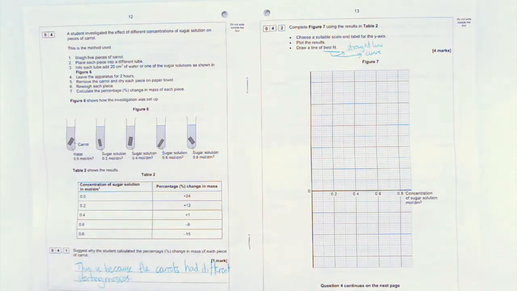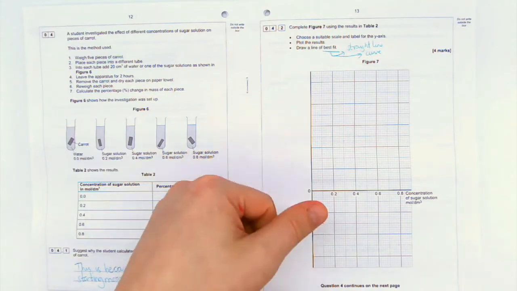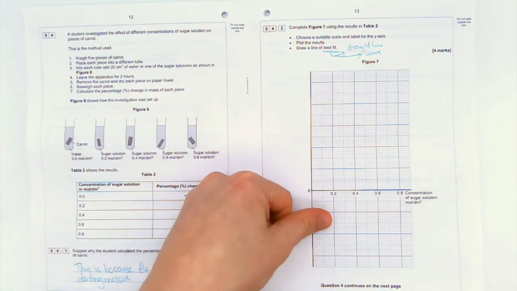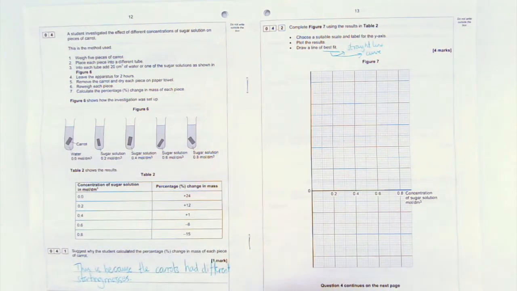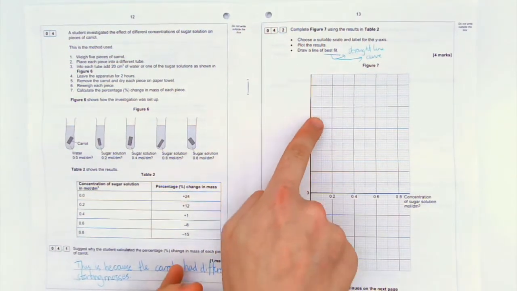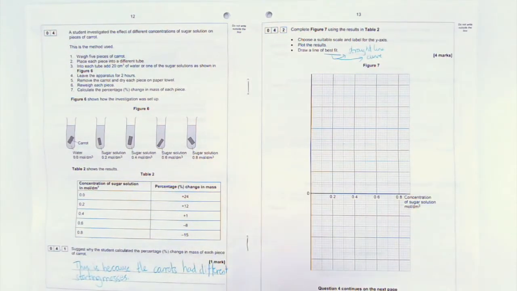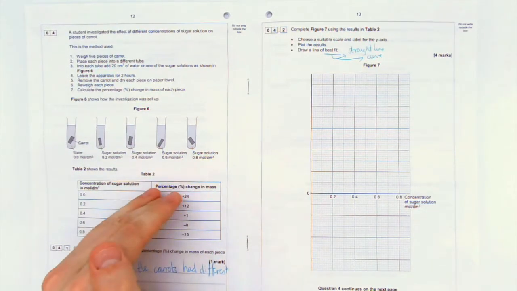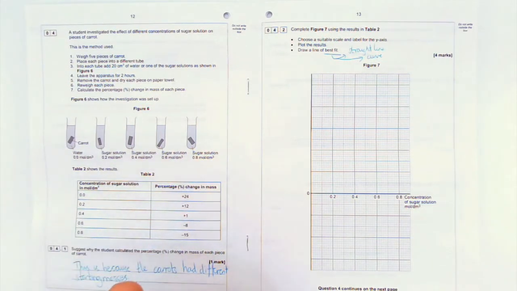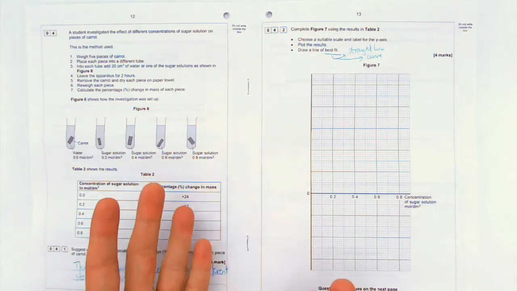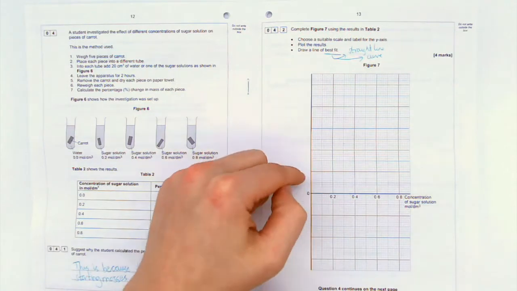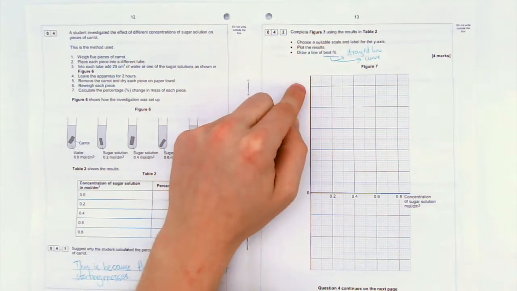Well, the first thing I'm doing when I'm crafting a scale is looking at the number of big squares, as I call them, on the graph paper. I've got 1, 2, 3 below, and I've got 1, 2, 3, 4, 5 above. So if I used 1 to 1 big square, I clearly am not going to get high enough, because I'd only be able to get up to plus 5 and minus 3. So 1 doesn't work. Let's try 2. That would be 2, 4, 6, 8, 10.